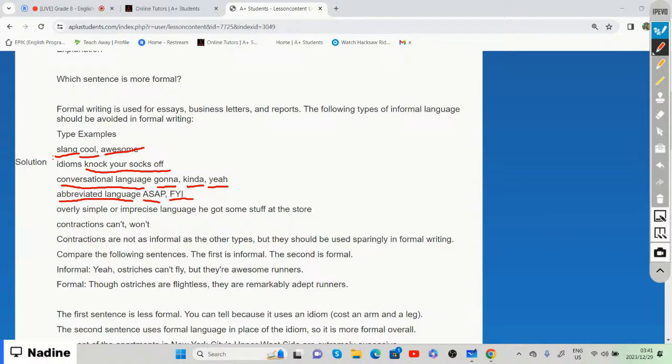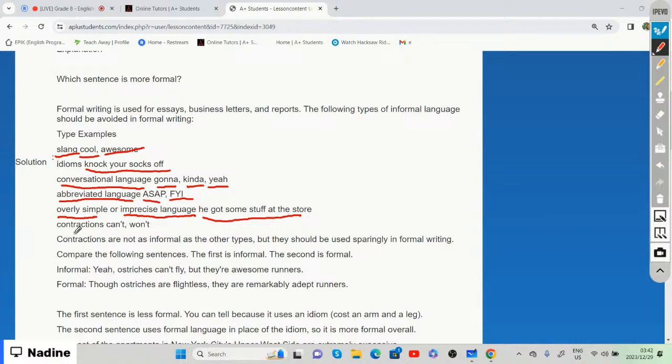So you need to avoid abbreviated language when you are writing a formal essay, business letter, or report. You also need to avoid overly simple or imprecise language. He got some stuff at the store.